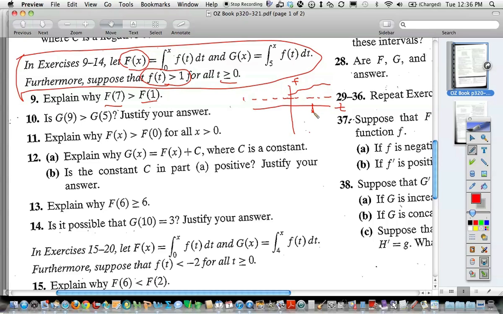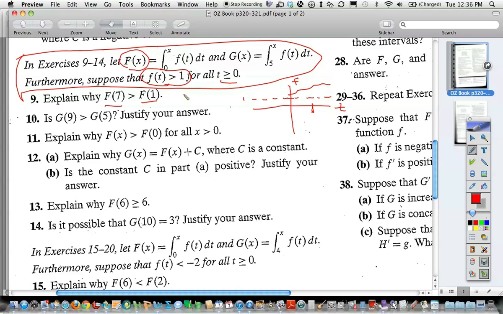So yes, x and t represent inputs. You see what I'm saying? But x is representing a specific input. T is representing all the inputs of the little f function. I'm not sure that's a big deal, but they are both inputs. They are both inputs. Okay, so back to this question now.